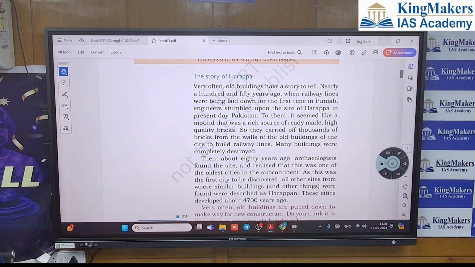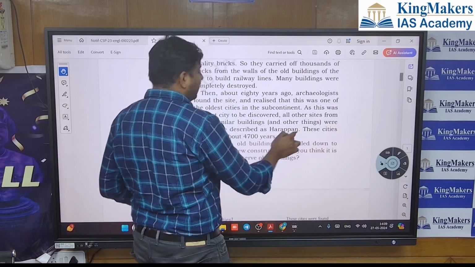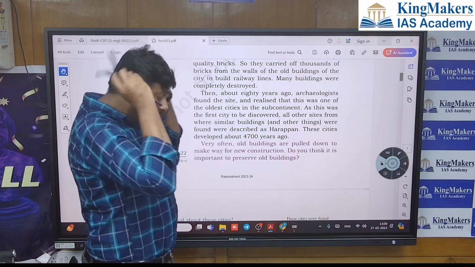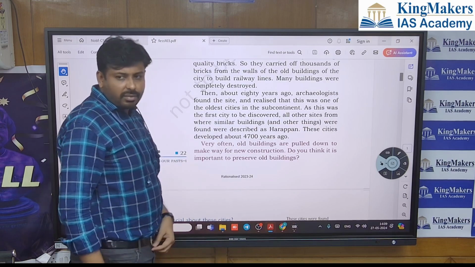One of the oldest cities in the subcontinent. Since this was first discovered in a place called Harappa, the civilization is called Harappan. That's why it's called Harappa. Harappa is in the Punjab province of Pakistan.